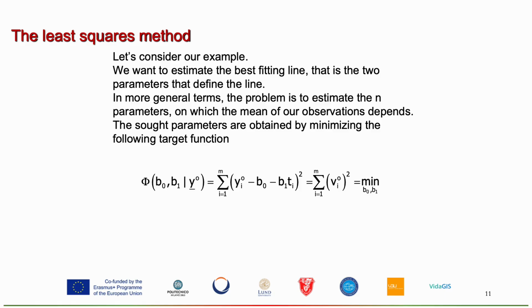The parameters can be estimated by minimizing a specific target function, which we can read in the specific case of the fitting line. We have to find the function phi, a function of b0 and b1, given the vector of the observations, and to find it we have to minimize the squared sum of the residuals, written in this formula that clearly depends on the values of b0 and b1.